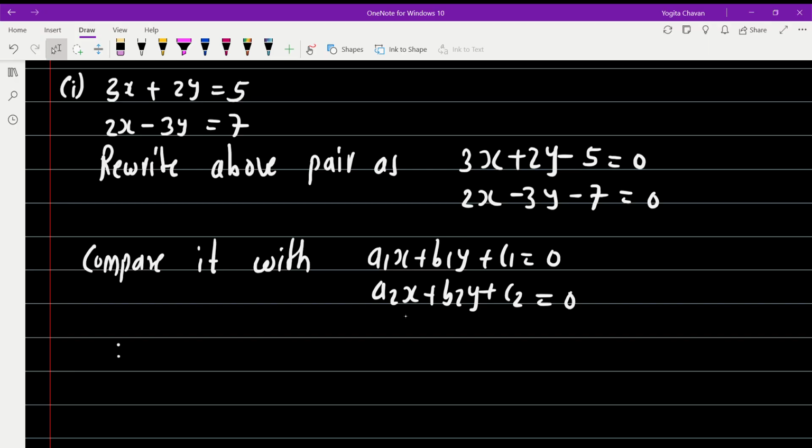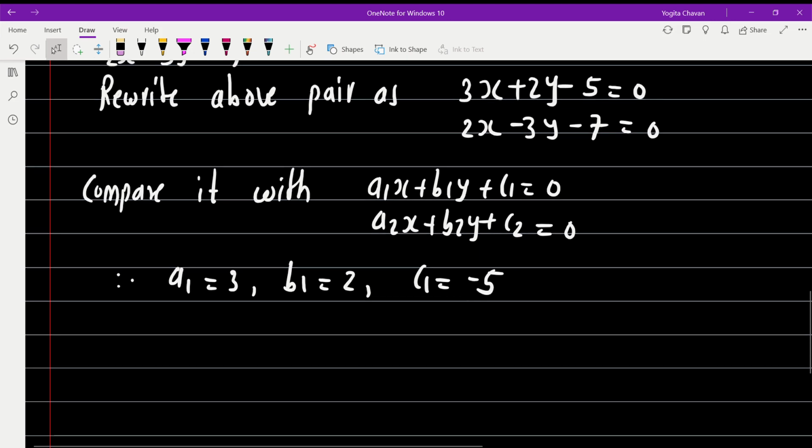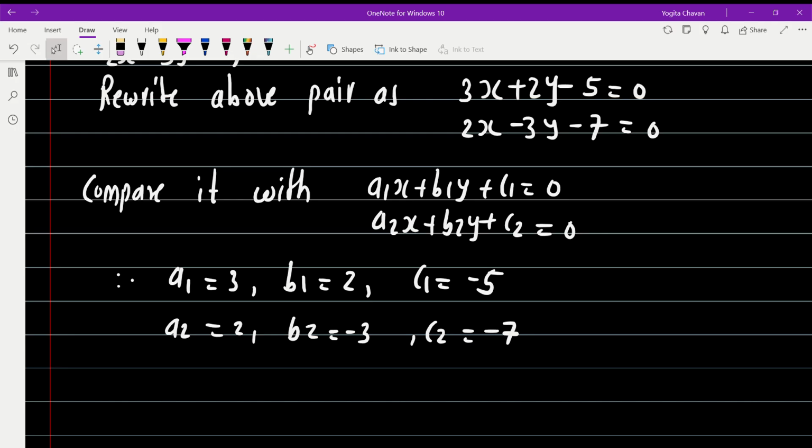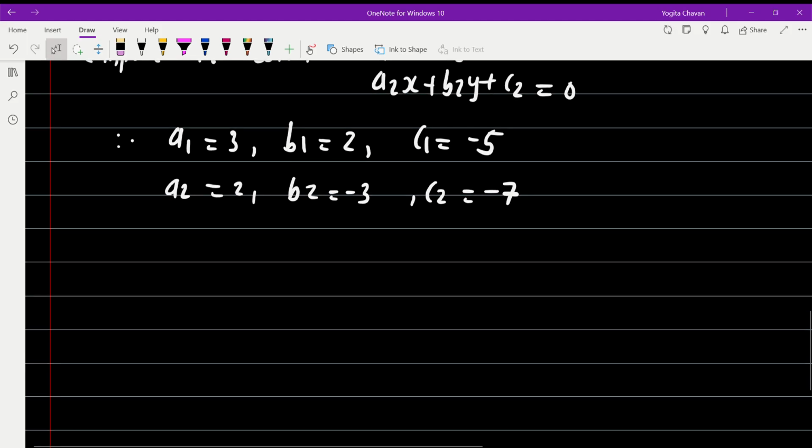Therefore, what is value of a1? a1 is equal to 3, b1 is equal to 2, and c1 is equal to minus 5. And similarly, a2 is equal to 2, b2 is equal to minus 3, and c2 is equal to minus 7. Now compute ratios.